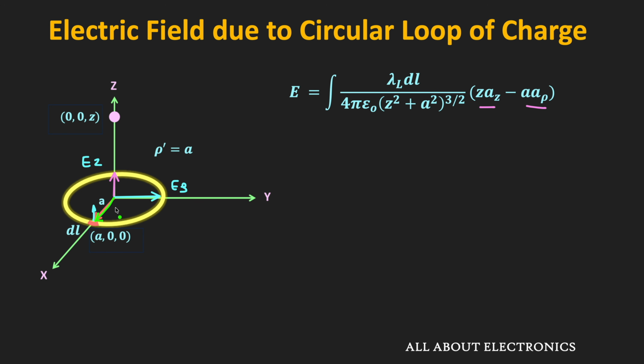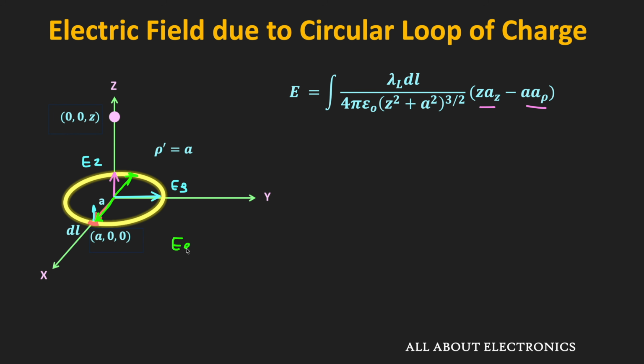So here, if you closely observe, then due to the axial symmetry of the ring, the E rho component will get cancelled out. For example, whenever the differential length dl is located at the phi is equal to 0 point, then this E rho component will point in this direction. And similarly, whenever we are finding the electric field intensity due to the dl component which is located at the phi is equal to pi or at this location, then at that point, this E rho component will point in this direction.